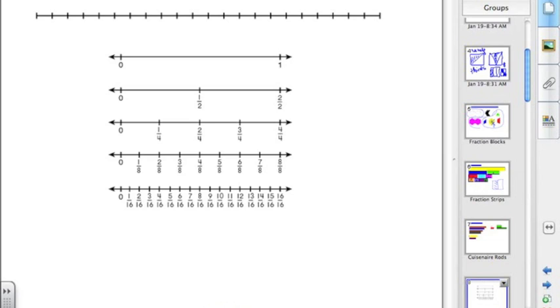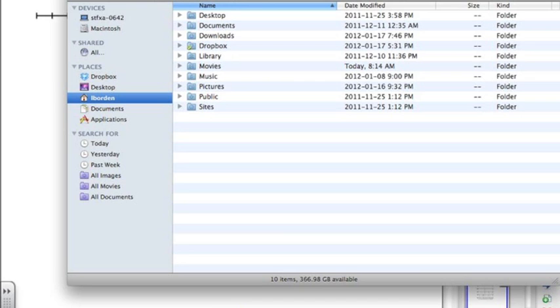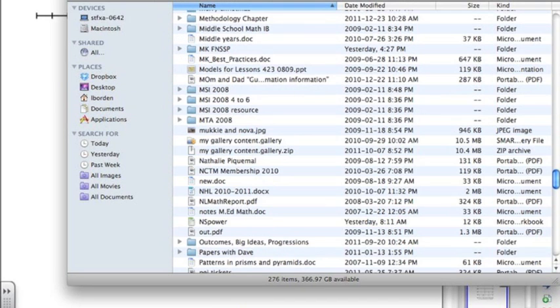And so we'll do a little bit of number line work, probably some paper folding, probably some lining up of strips or cutting strips. On the Blackline Master site, there's a nice fraction strip that you can get.